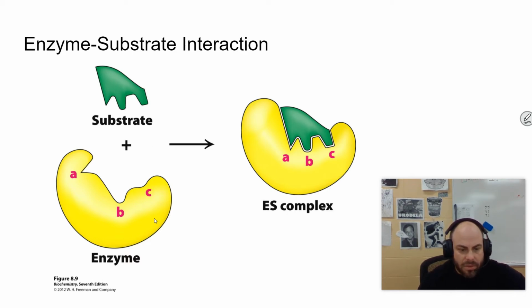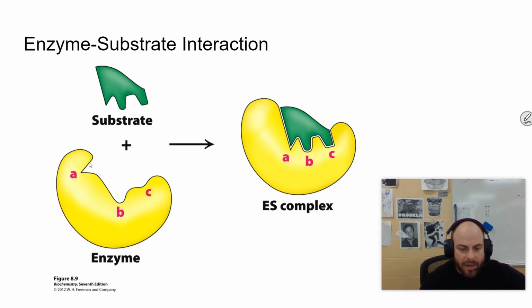There is a physical and chemical compatibility. Physical in that it actually physically fits. Chemical in that there are chemical reactions occurring along the ridge or the edge here of this substrate and enzyme, like temporary bonding sorts of things, typically hydrogen bonding, van der Waals forces that are going to temporarily attach these things so the business can occur.